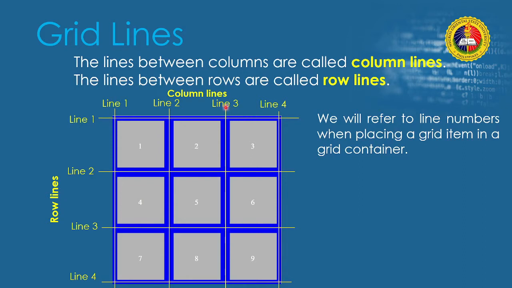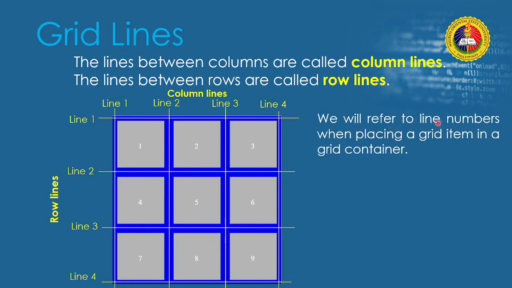We are using the lines as the location, so we count where the box or the item itself starts. Since it started right over here, it is located in column line 3, and then row line 3. Okay, so for example, box or item number 4 is located in column line 1, and then row line 2. And that is very important because we'll be using that in just a moment.